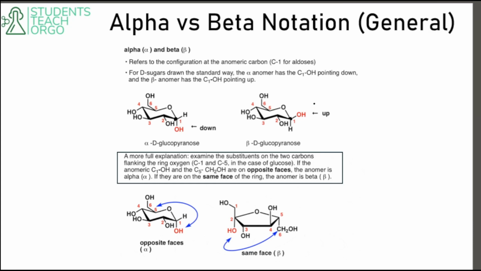And we look at if this hydroxyl is pointing in the same direction, the same face as this hydroxyl on 6. And the same thing here. So if it's the same direction, it's beta. If it's opposite, it's alpha. That's pretty much what you have here. And here we have it, it's opposite, alpha, same face, beta. All right? Okay.